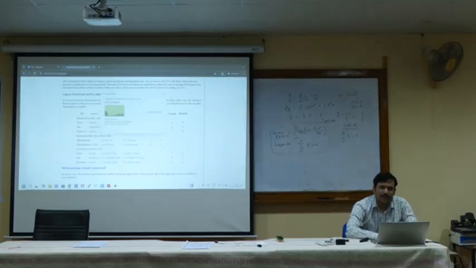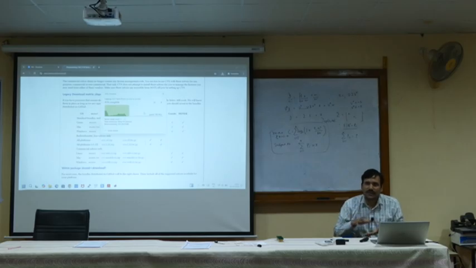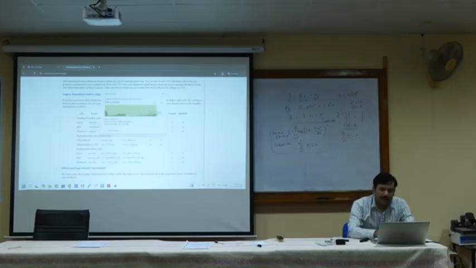CVX is very easy to write the program. MATLAB also has some built-in solvers, but it's difficult to write in that. You have to define in a different way. For example, fmincon you have, and linprog you have for linear programming.